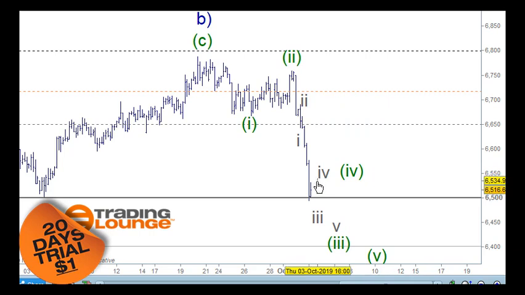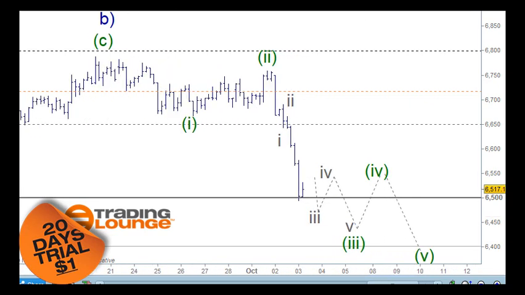So this needs to finish here as wave 3, then little wave 4 here, then wave 5 here, then wave 4 here, then wave 5 here. So it can spend some time in this area here. So just be mindful of that.